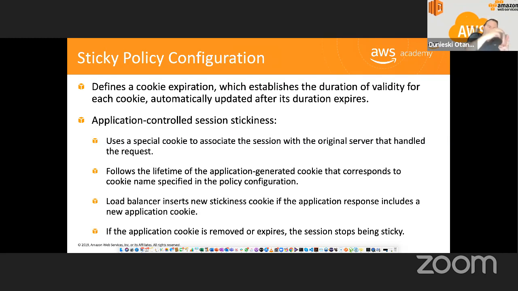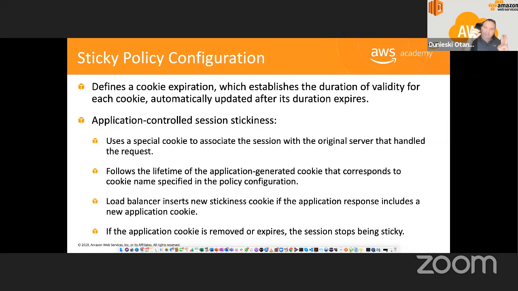But if user 112 makes a request to a specific EC2 instance, and the elastic load balancer has the stickiness feature enabled, what's going to happen is next time when user 112 requests information again, it's going to take you to the same EC2 instance, because it has the stickiness feature enabled.